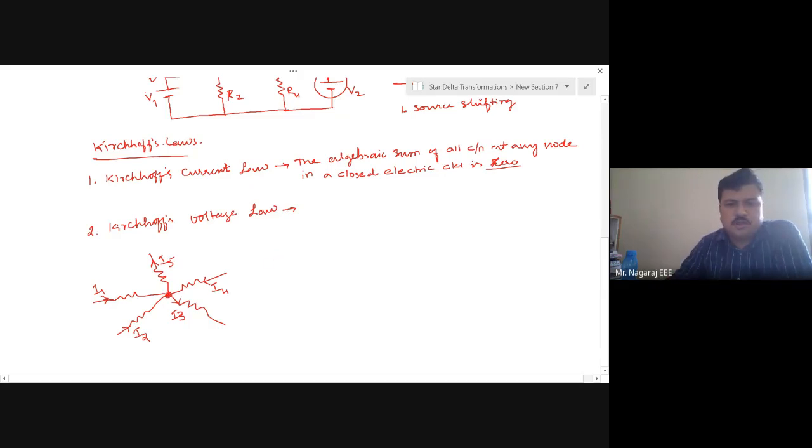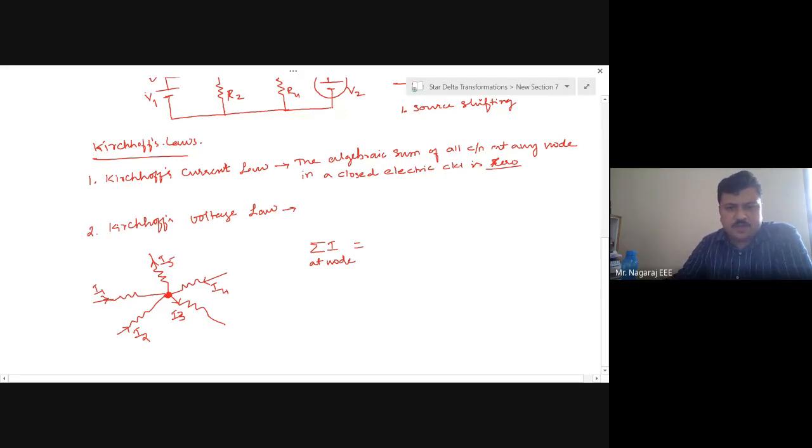Now, when I take the algebraic sum, you should also observe the direction. Summation of I at a node is equal to... Now how will you take the sum? All positive values will not give 0, all negative values will not give 0.